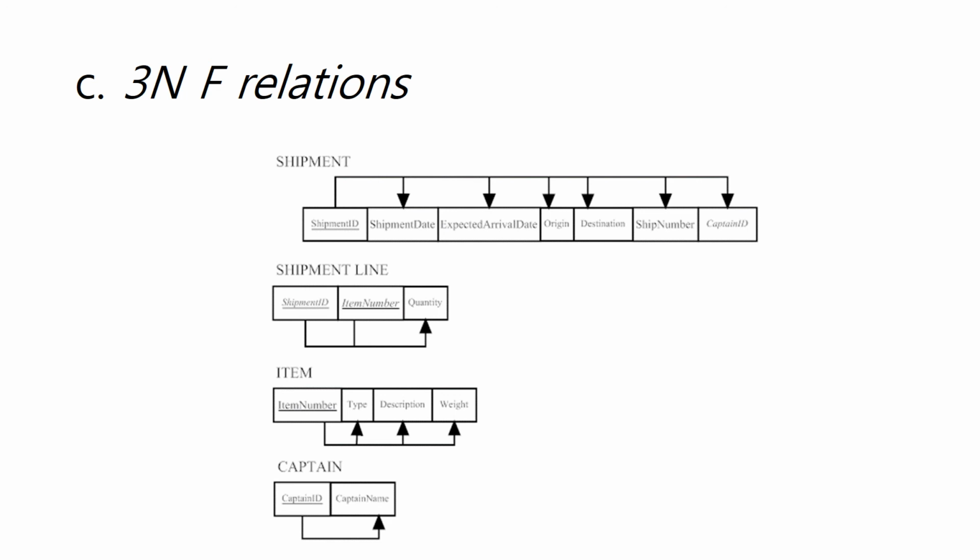Shipment line table: shipment ID and item number determine quantity. Item table: item number determines type, description, weight. Captain table: captain ID determines captain name.